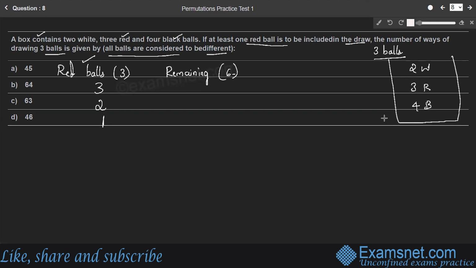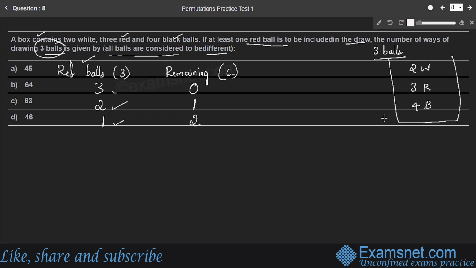Right? So if we have already drawn 3 red balls, what is the remaining ball to be drawn? 0, because totally we have to draw 3 balls. So when 2 red balls are drawn, the remaining ball to be drawn is only 1. If one ball drawn is red, the remaining balls to be drawn is equal to 2.